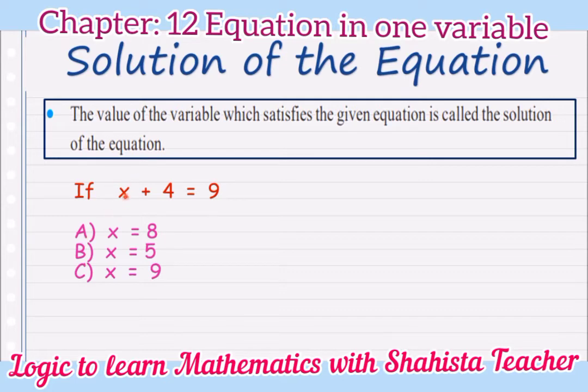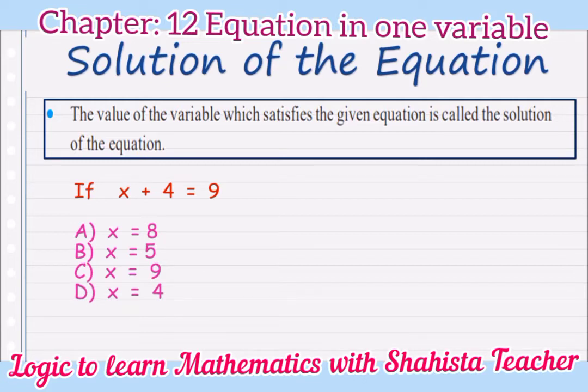That means again it is not a solution of the equation. Is that clear? So here A option not pass, C option not pass, but B option is pass.